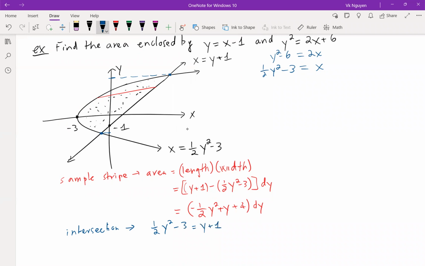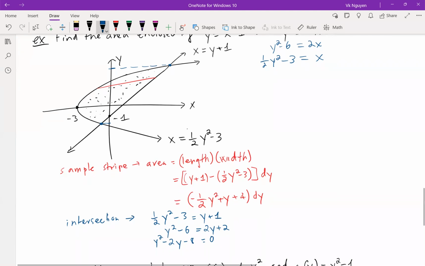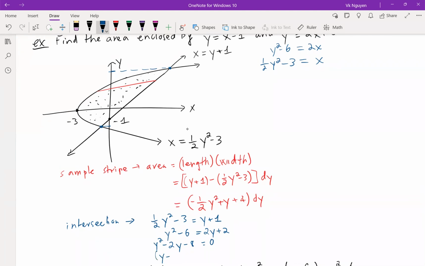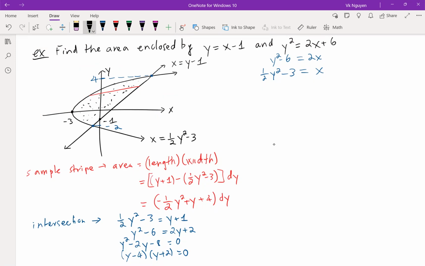Multiply by 2, so you have y squared minus 6 equals 2y plus 2, and then move everything over. y squared minus 2y minus 8 equals 0, and we can factor this out: (y minus 4)(y plus 2) equals 0. So one of them is -2, and the other one is 4.